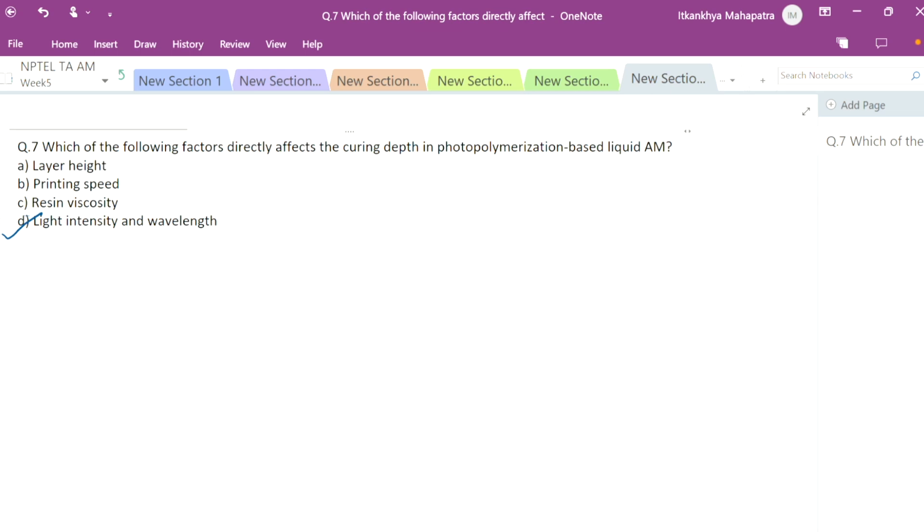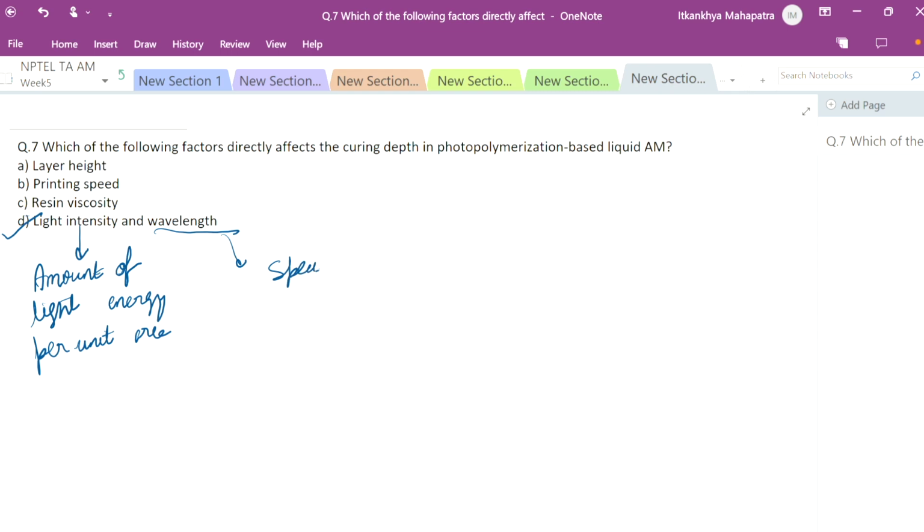The light intensity refers to the amount of light energy per unit area, while the wavelength refers to the specific color or frequency of light used.